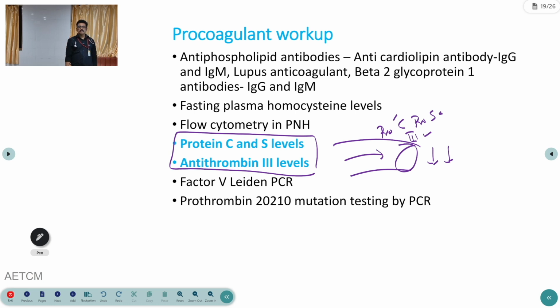So whenever you see that these investigations are showing lower results, then you have to repeat them after some time. If the reports are normal, no need to worry, no need to repeat. If they are very low, don't think that this patient is having protein C, protein S or antithrombin 3 deficiency. You have to repeat the test after 6 months.